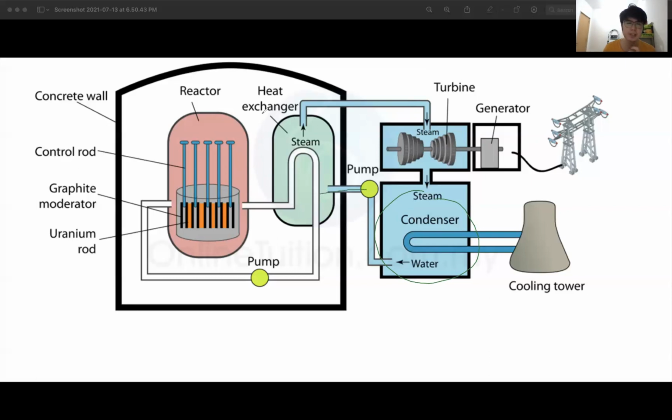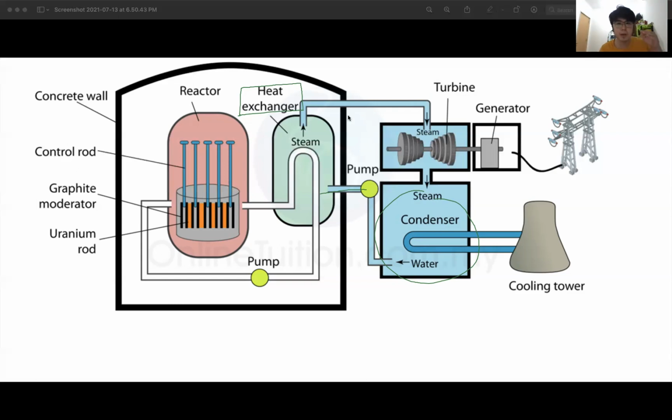When the water flows past the heat exchanger, it gains heat energy from the reactor. All the heat energy from the reactor passes to the water, and the water carries this heat energy. It becomes steam, hot gas that moves very quickly.